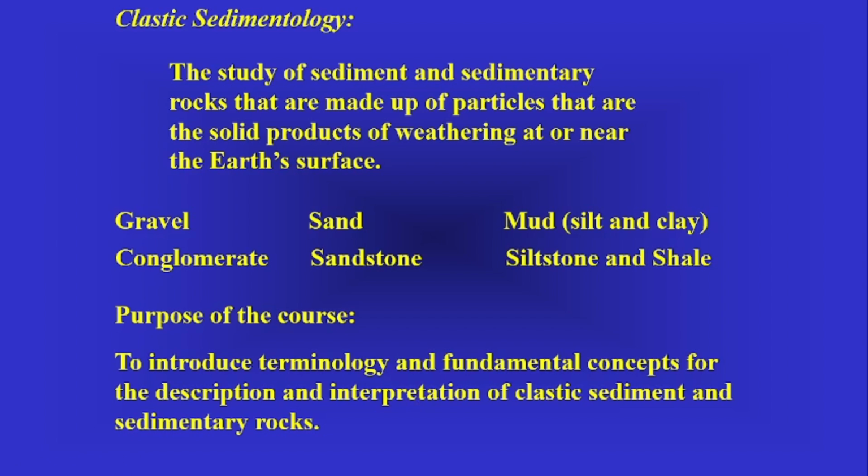And then we will understand what those byproducts or end products are in the form of conglomerate, sandstone and mudstone. We target these lithologies, describe them in detail in the field, and then interpret them with those basic concepts to understand the history of that region, the history of the Earth.